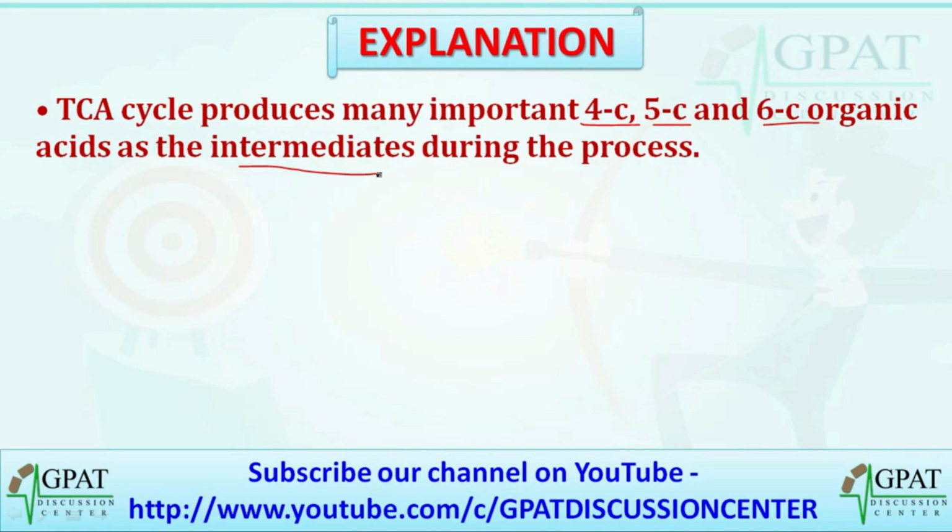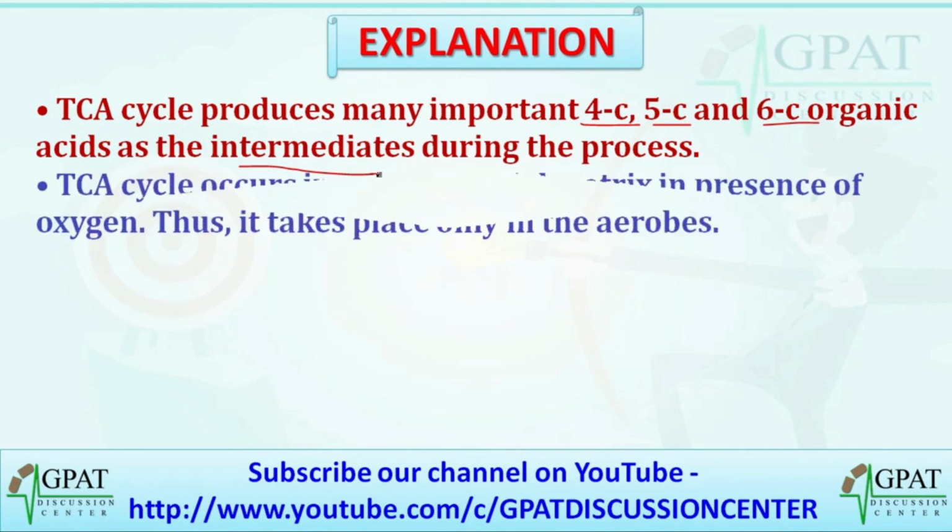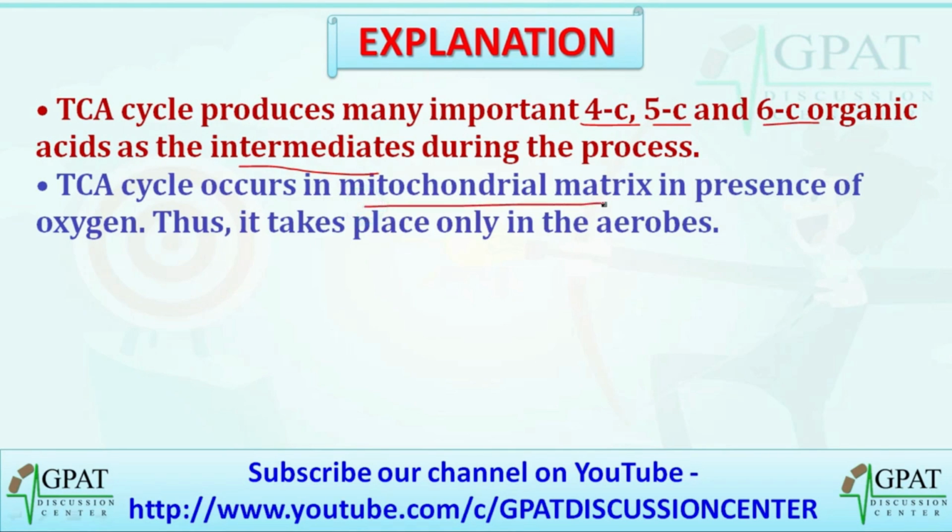As we already told you, it occurs in the mitochondrial matrix in the presence of oxygen, in aerobic conditions, and it takes place only in the aerobes. So it's all about the Krebs cycle. Students, just try to go through the Krebs cycle with the various reference books. It is very easy. I hope that this question is clear about the Krebs cycle.